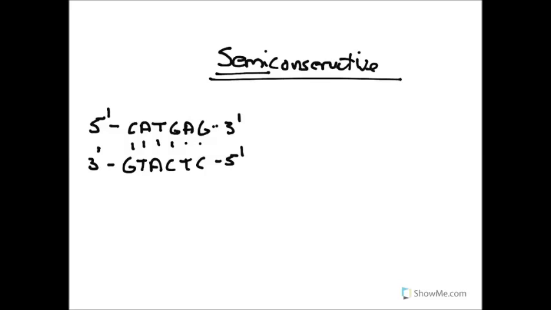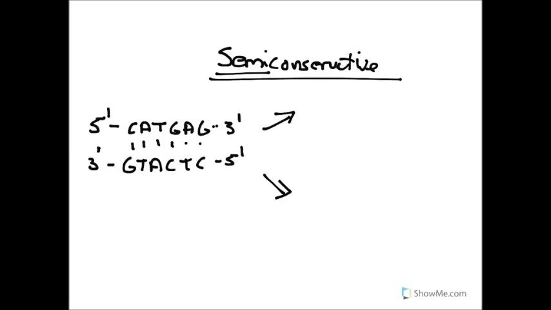Conservative means I want to keep the old ways. So this means that when I copy DNA strands to make two strands, each new strand that I produce at the end of this will be half old DNA and half new DNA. Half old, half new.